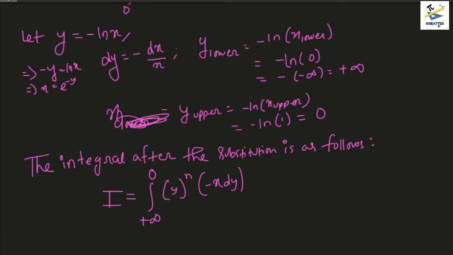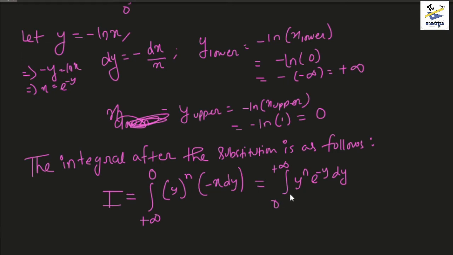So we can write this integral as follows. This minus would change the order of the limits, so it will become 0 to positive infinity, y to the power n, and x dy becomes e to the power minus y dy. And as you can see, we have reached our goal, because this is a form that we already know, right?